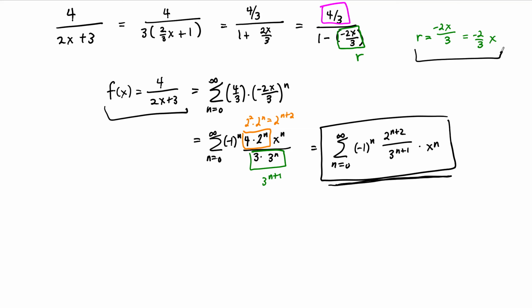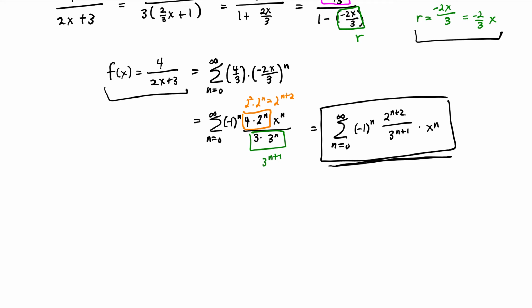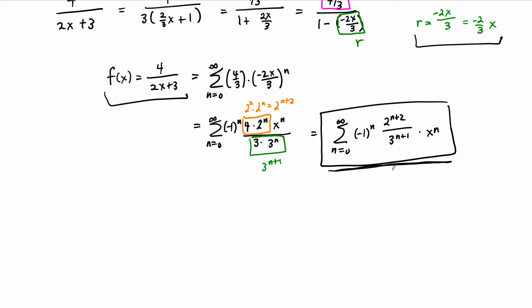So the interval of convergence is the domain of our power series. And recall that every geometric series converges when the absolute value of r is less than 1. And for us, our r is this, right? So we just plug in: the absolute value of negative 2/3 x should be less than 1. Absolute value takes care of the minus sign. And so we end up with 2/3 absolute value of x less than 1.